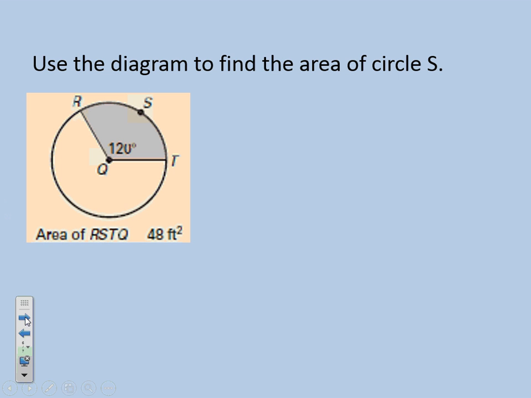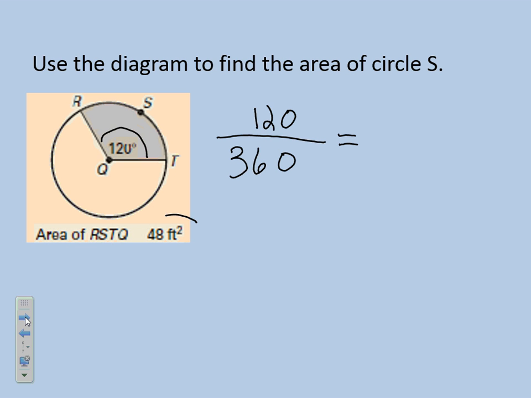Alright, moving on. Example number 2. Use the diagram to find the area of the circle S. So my goal is to find the whole area. So when I set this up, I know this is going to be 360. My degree right here is 120 equals, it tells me the area of RSTQ is 48.